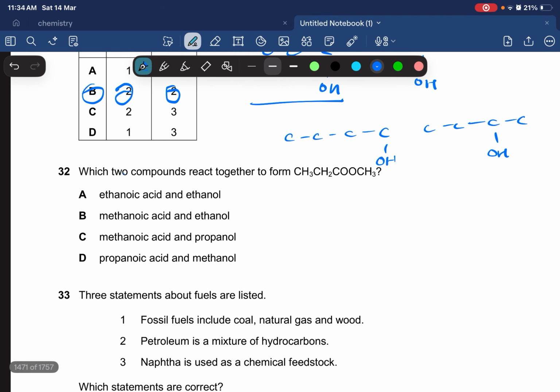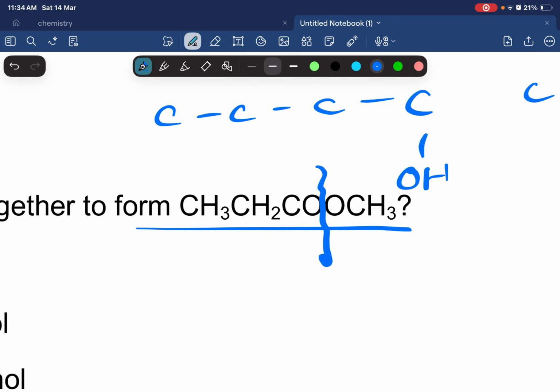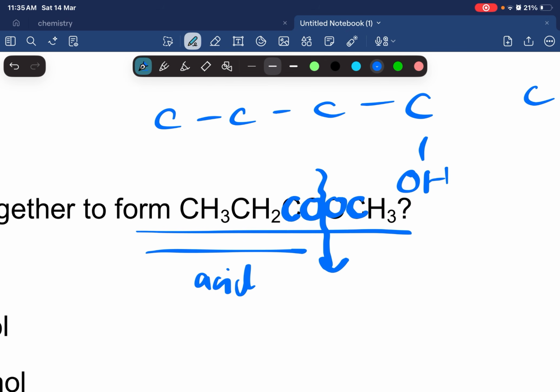Simple. Which 2 compounds react to form this? First, we break it from the middle. This part is the acid part. How do I know it? Because it has a carbon-oxygen double bond. You might think that this also has a carbon-oxygen bond. But the trick is that this carbon is bonded to 3 H, but the acid carbon is only bonded to this O, not any H. Okay, so the acid contains 1, 2, 3 carbon atoms.